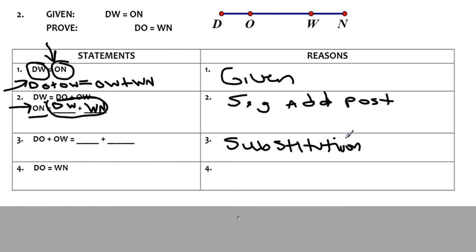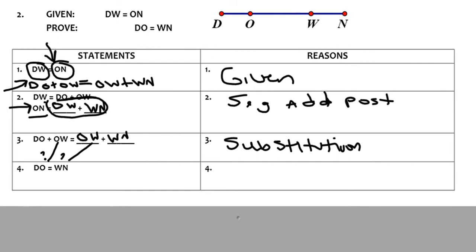If you did not get that, you need to rewind it and watch that again, because it is very challenging to see this one. So now I'm just replacing, DO plus OW equals OW plus WN. Now in the next step, OW is gone from both sides of the equation.